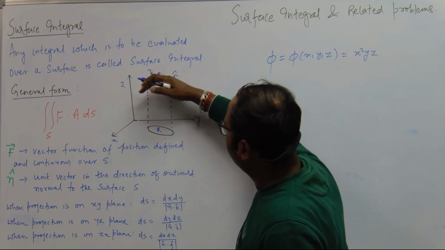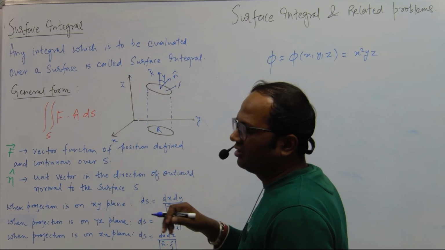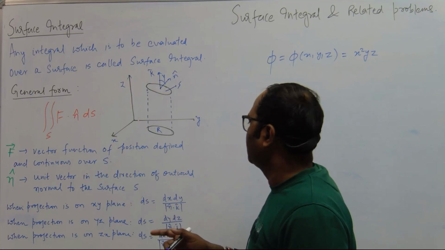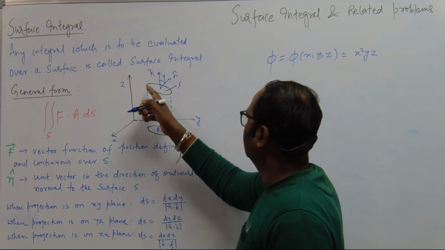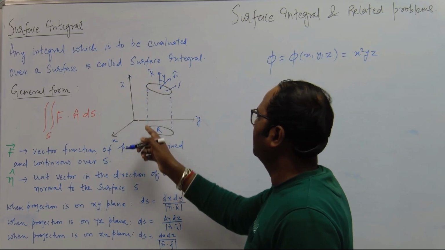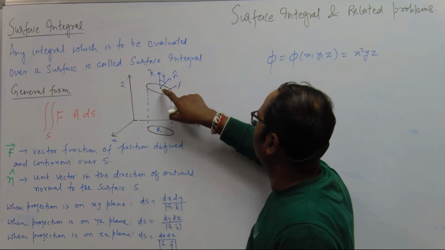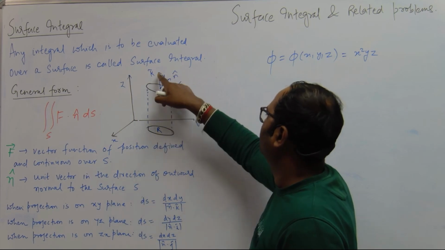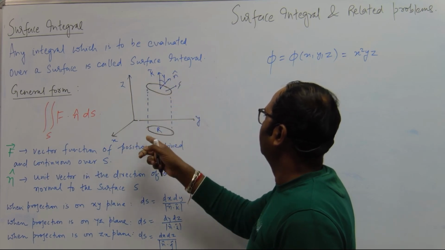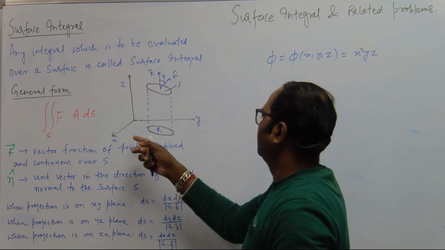We have taken a projection on the xy plane and the projection is r. Remember that this r is a planar area, and this is our curved area. This n cap is the outward unit vector along the outward normal, and this k cap is the unit vector perpendicular to the xy plane.